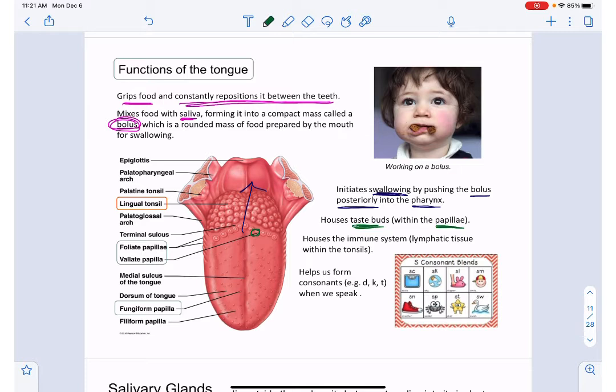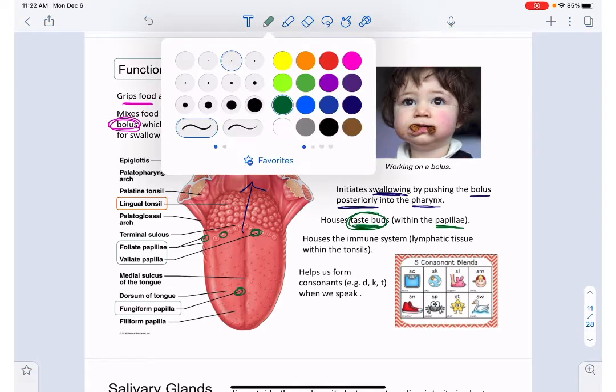And you have these papilla on the tongue: the foliate papilla, vallate papilla, fungiform papilla. And within these little structures are taste buds, which are little chemoreceptors that detect taste and then take that to the brain for processing.